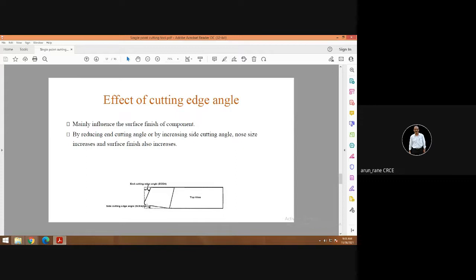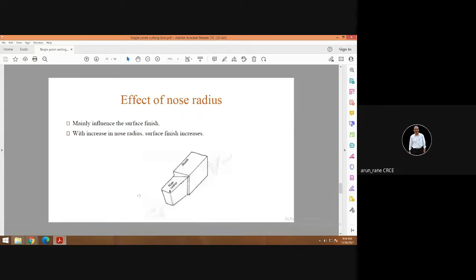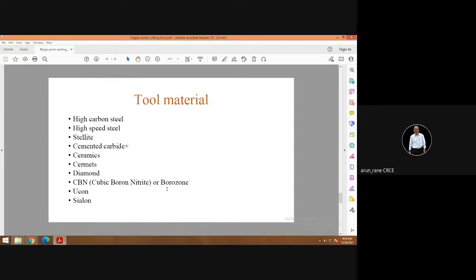A sharp thing means the area is zero, and stress is force upon area. So if the area is zero, the stresses will be infinite and the component will fail. That's why most of the time sharp corners are replaced by a small nose radius. So the nose radius will obviously affect the surface finish as well as the material removal rate.